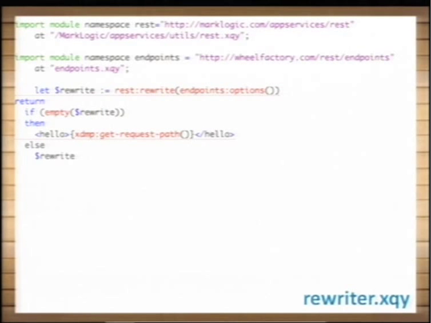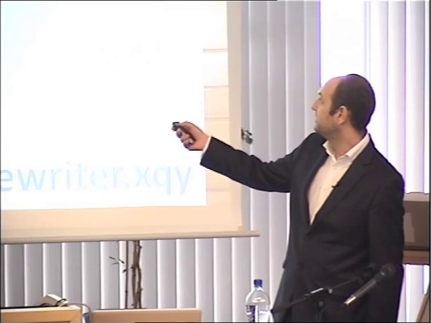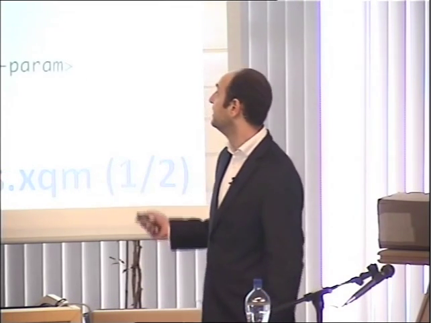You have to write a dispatcher that intercepts your URLs and sends them off to a script. But with their REST library, they provide a function library to handle most of the pain of this for you. So you really just call their REST library. And you have to tell it what you actually want the endpoints of your services to be. And you describe those in a separate file. So this is what the endpoints file itself looks like.